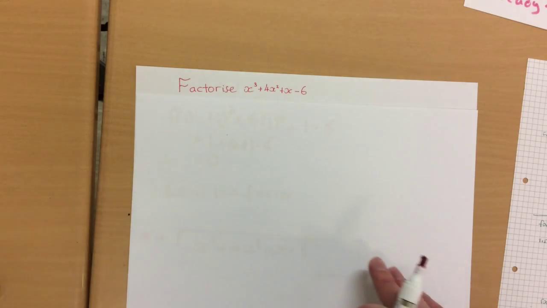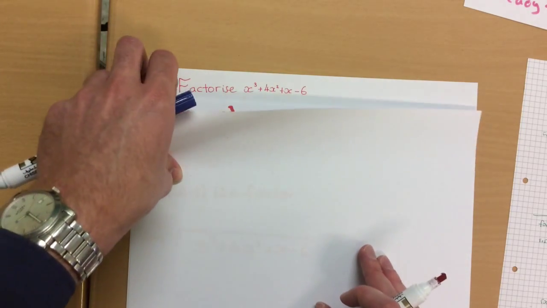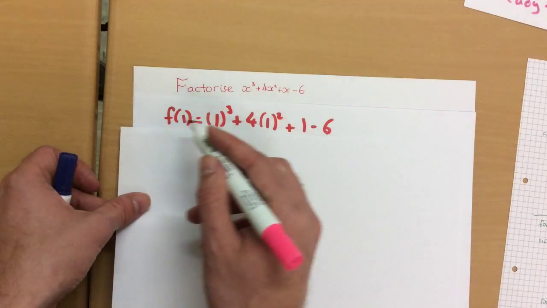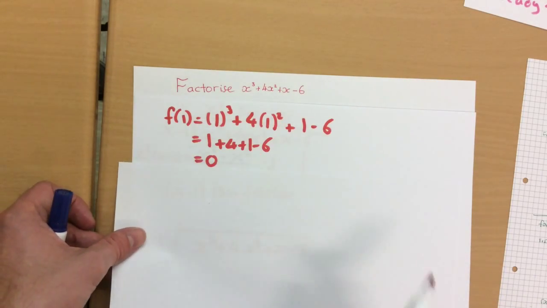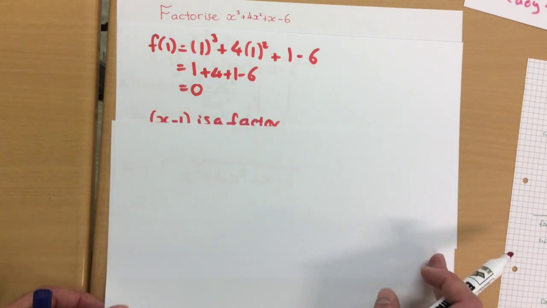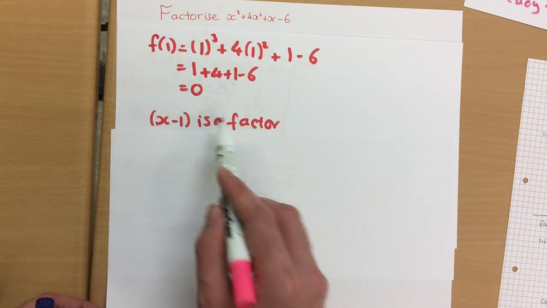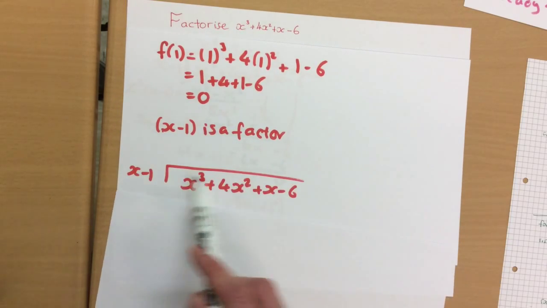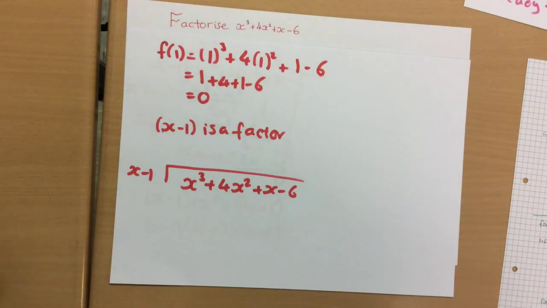So our solutions are, here we go, there's the question. First you find the factor. If you substitute in 1, you actually get an answer of 0 straight away, which is nice and easy. Which means we've got x subtract 1 as a factor, and our division is going to be our original sum divided by our factor of x minus 1.